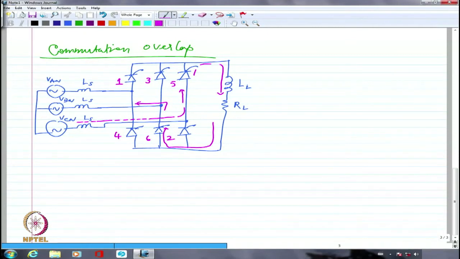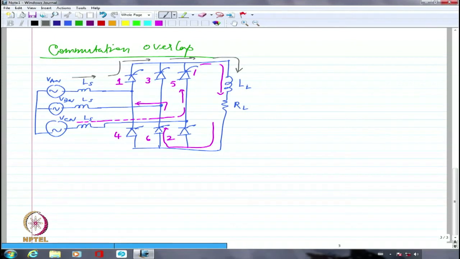When I fire 1, I will have the current actually going from here, right? And then it should go like this. All this is the same, no doubt. As far as load current is concerned, there is no problem at all.